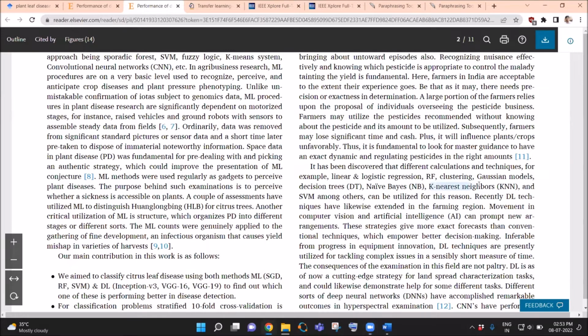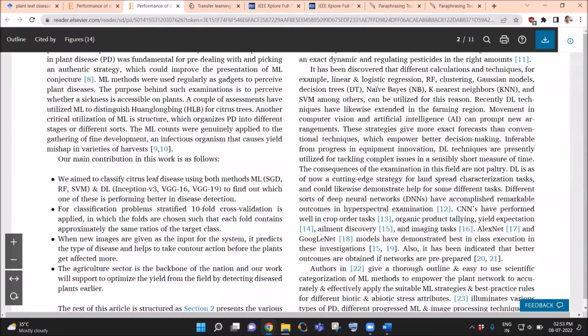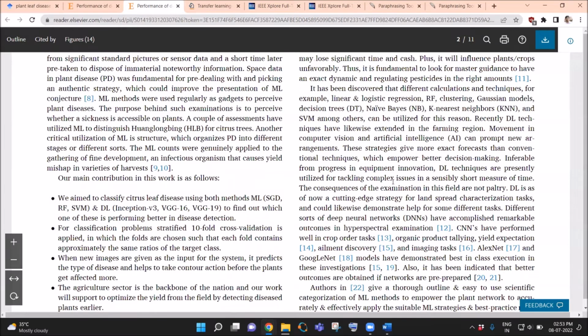Example, k nearest neighbors is an unsupervised machine learning algorithm. K-means algorithm, we can change k nearest neighbors to k-means, like that SVM, and when they give support vector machine, it is also an unsupervised machine learning algorithm, a last supervised machine learning algorithm. So we can write one, two.